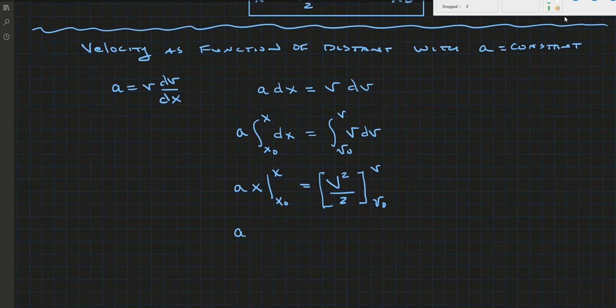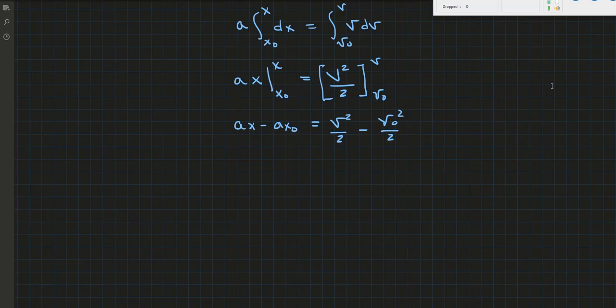So a x minus a x0 equals v squared over 2 minus v0 squared over 2. Solving this for v, we can multiply both sides by 2.